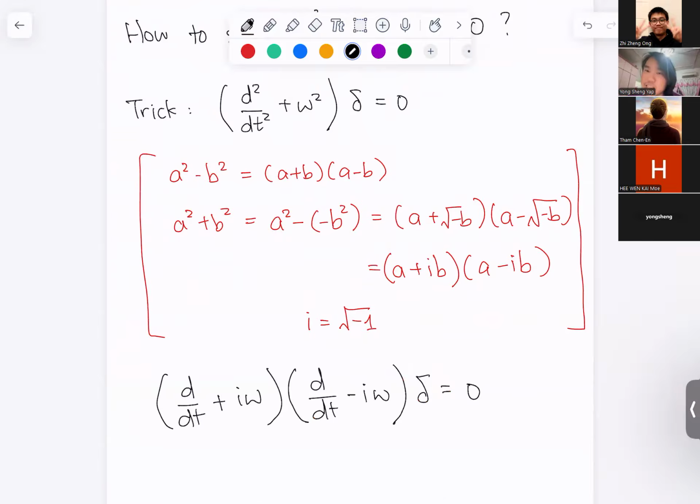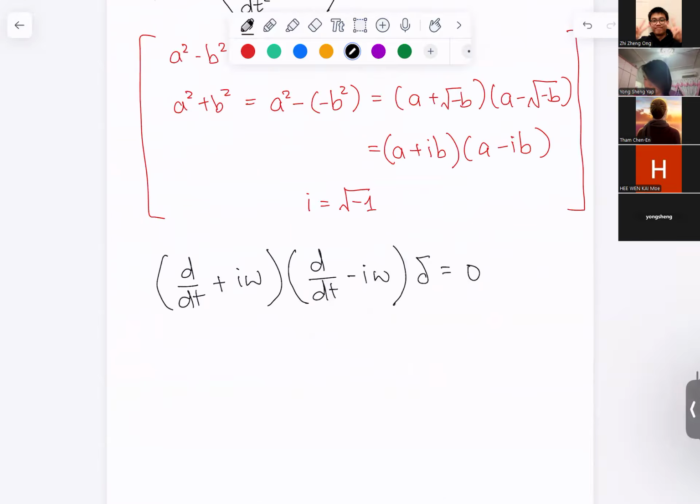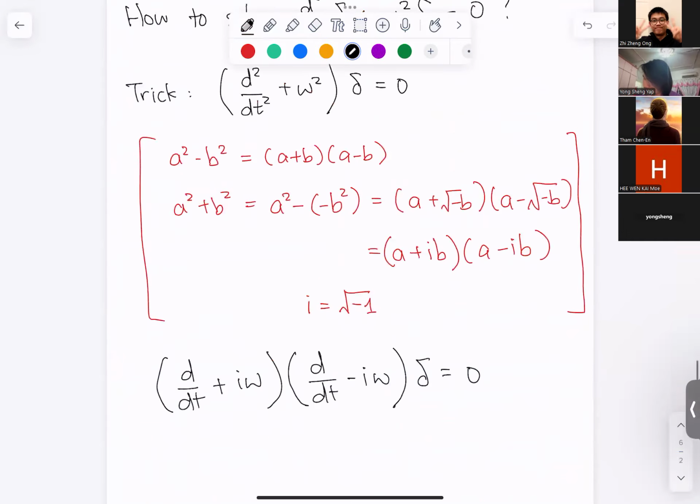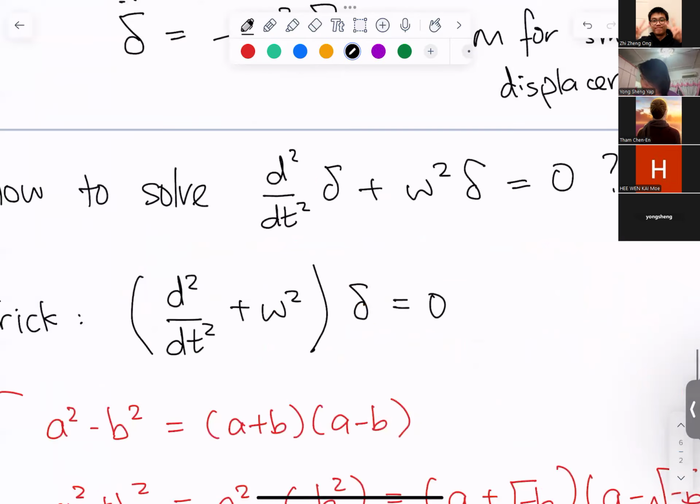How does the delta get separated from the derivative? Well, it's already separated, right? Because this is the time derivative acting on delta.